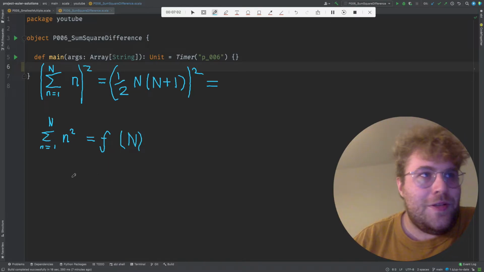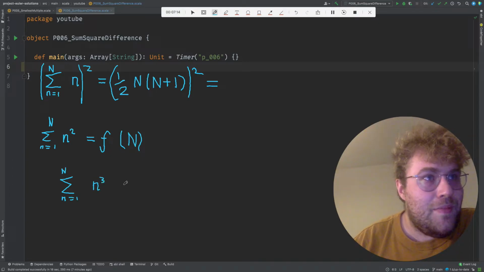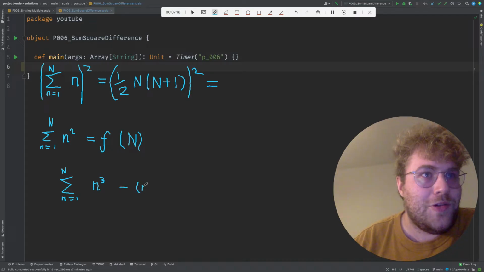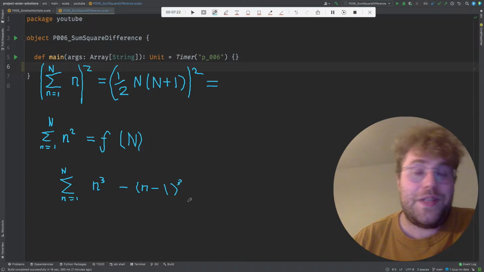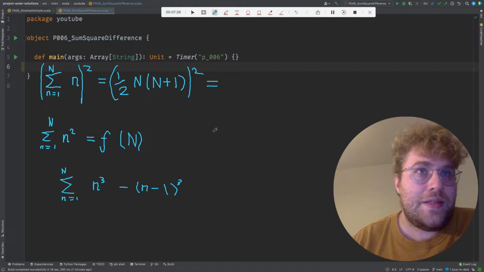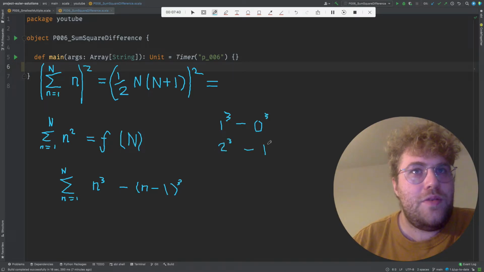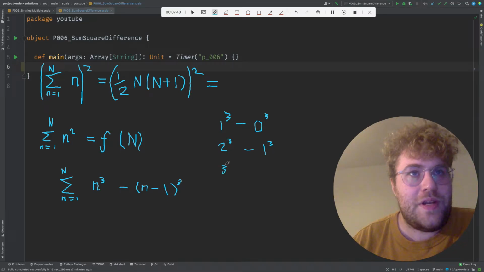We're actually going to use what's called a telescoping sum for that, and we'll see why it's called telescoping very shortly, but we're essentially just going to consider the sum of n cubed minus n minus 1 all cubed from n equals 1 to capital N. And what we'll see as we calculate this is we're going to end up with 1 cubed, oh my gosh, minus, I'm really bad at drawing, minus 0 cubed, and then 2 cubed minus 1 cubed, and of course 3 cubed minus 2 cubed.